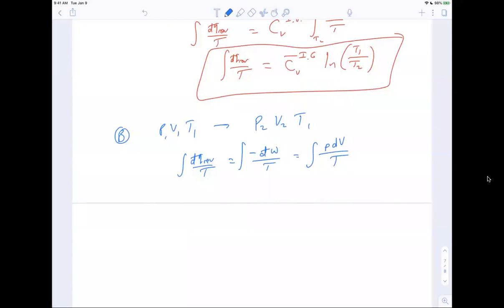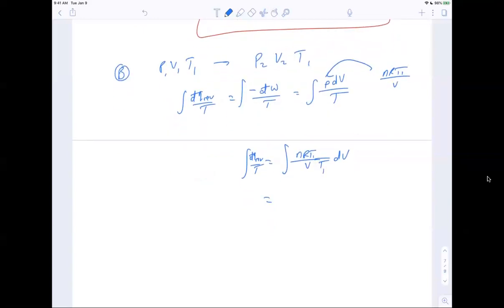And so T1 is constant. So what do we have here? Let's do the integral. P is equal to nRT over V, and we have a T and a dV here. That's what this integral of dq reversible over T is. So what I've done here is introduce nRT over V. Of course, it's really T1, so I have to put a T1 there and a T1 here, and the T's cancel.